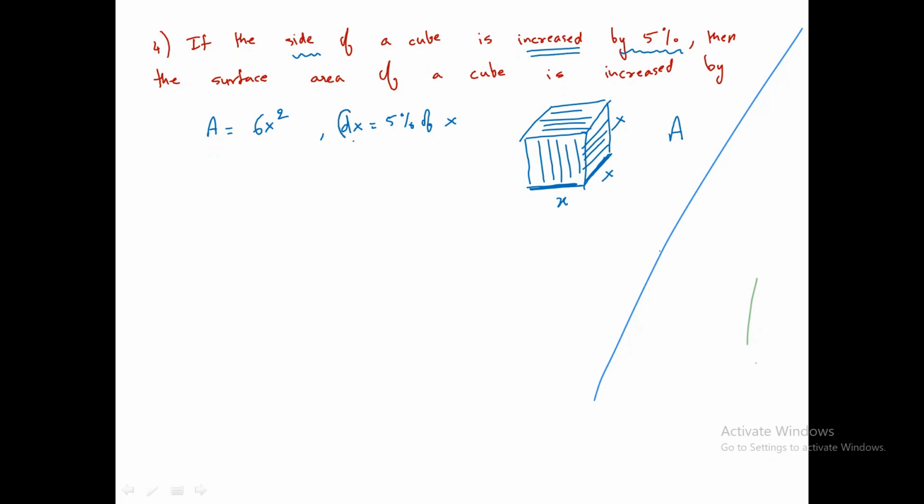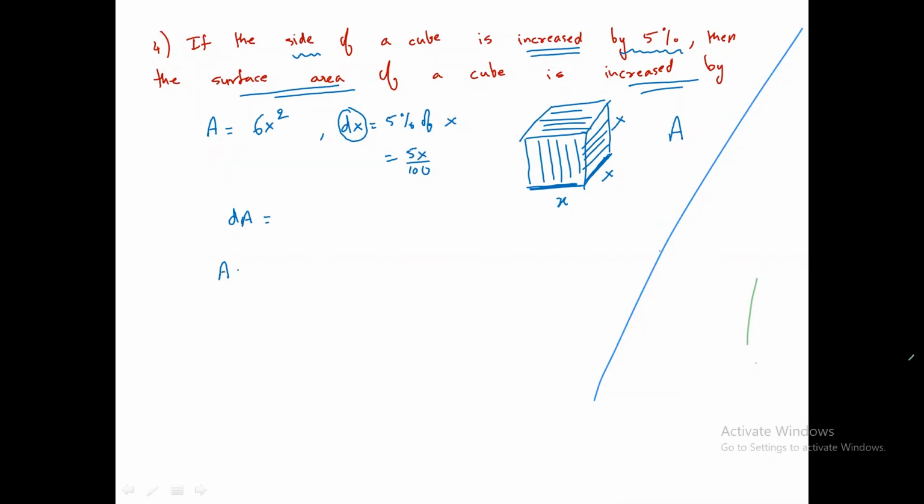So whatever increment is there, that will be 5% of x. That means 5x by 100. Now they are asking the surface area is increased by. That means you have to find dA. As they have given dx, you have to find dA.